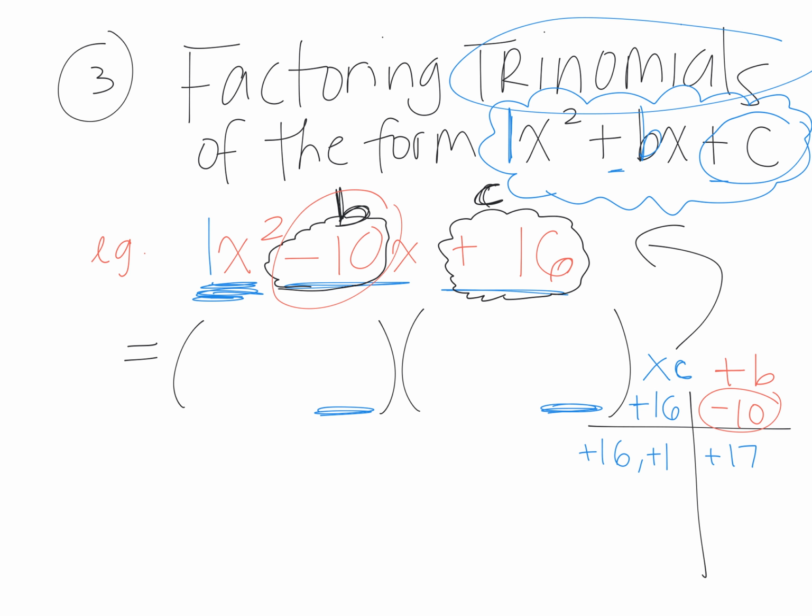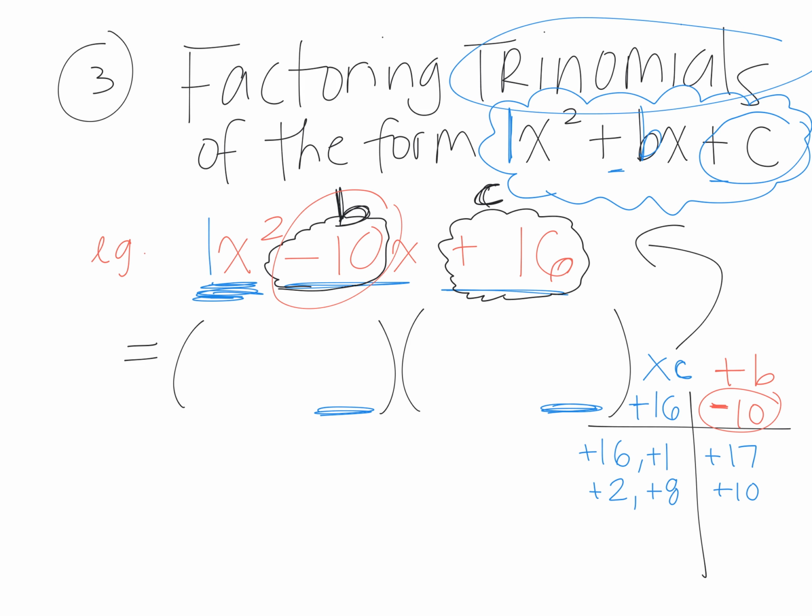What are other factors of 16? Two numbers multiplied together to give us 16. Positive 2 and positive 8 gives us 16. What is positive 2 plus positive 8? Positive 10. Does that work? No. The middle term has to be negative 10.